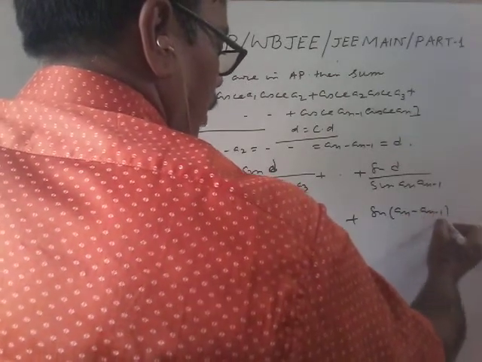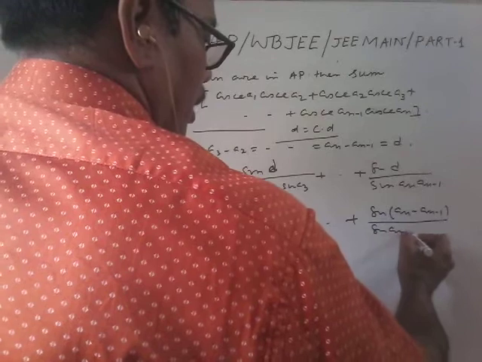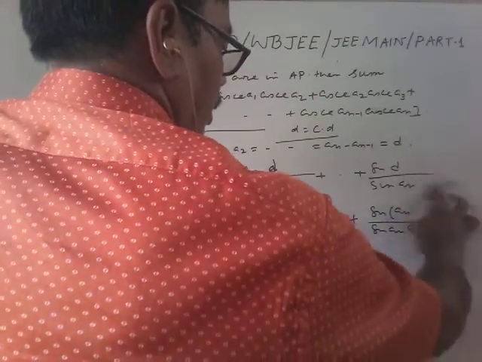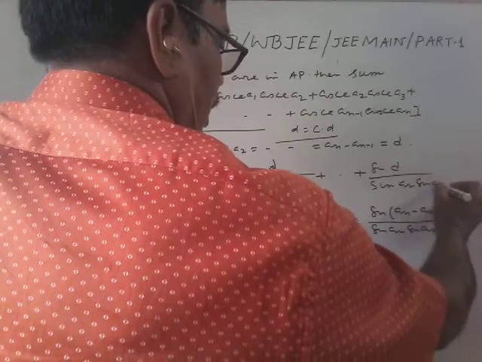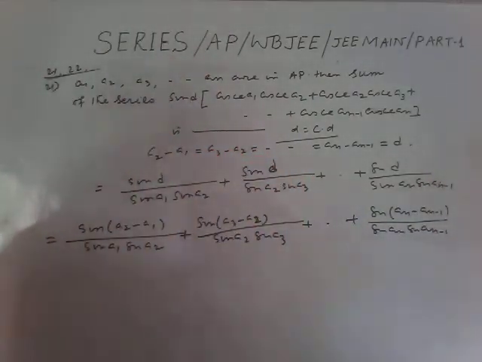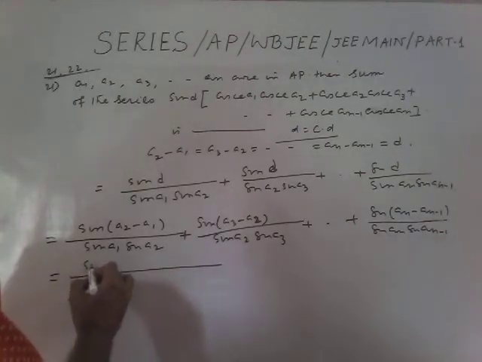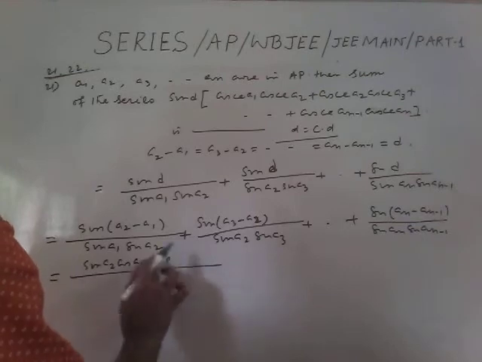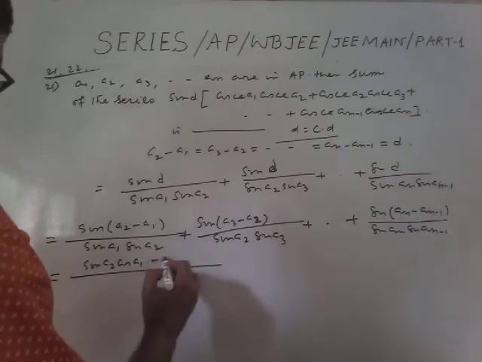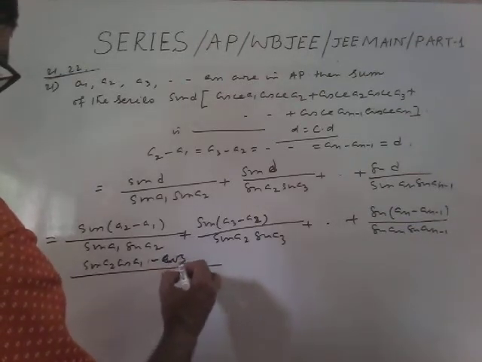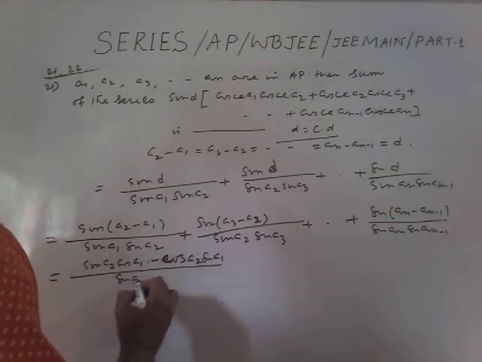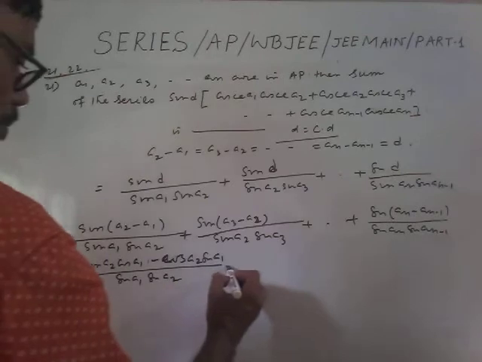Now the formula of sin(c - d): sin a2 cos a1 - cos a2 sin a1 over sin a1 sin a2.